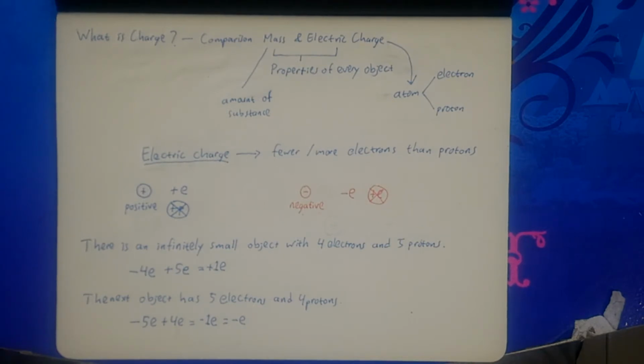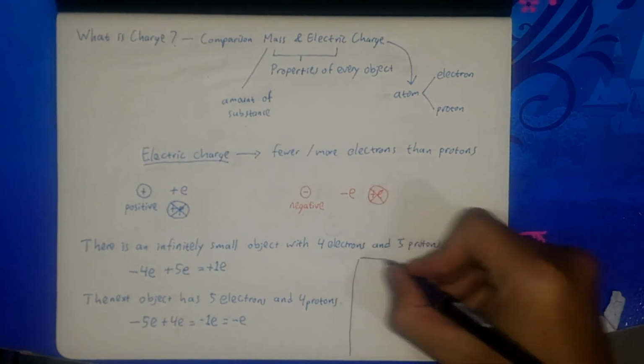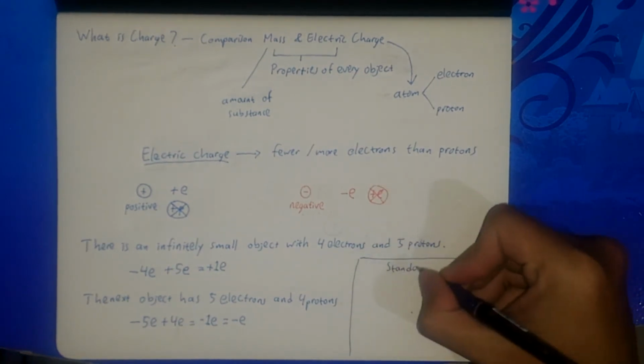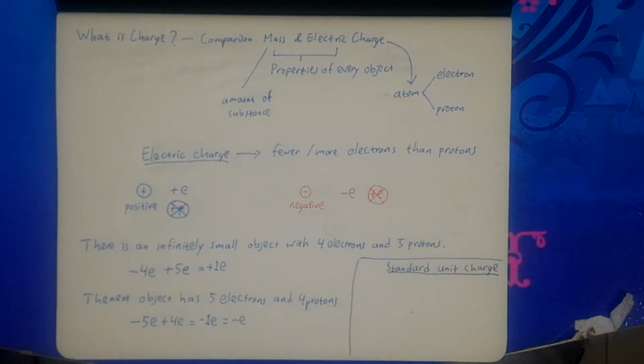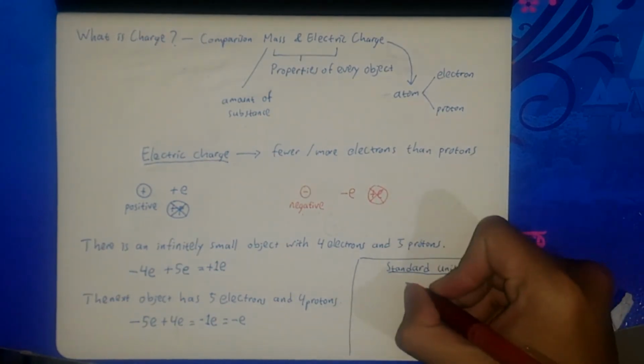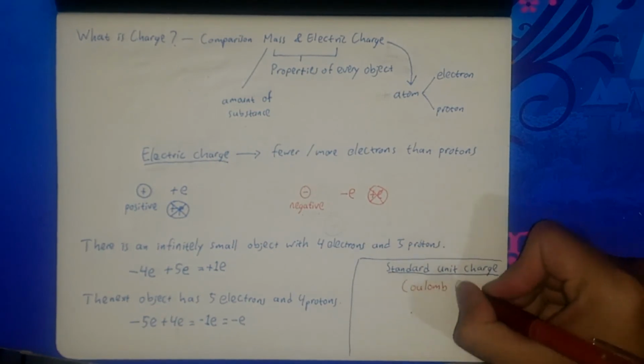Okay, so now I want to introduce you to the standard unit of charge. This is important for the next time when you learn about the electric force. So earlier we learned about charge as the difference in the amount of protons and electrons, and we represented charge as positive or negative e. Now the standard unit for electric charge that we will use from this point forward is called the coulomb, or just C for short.